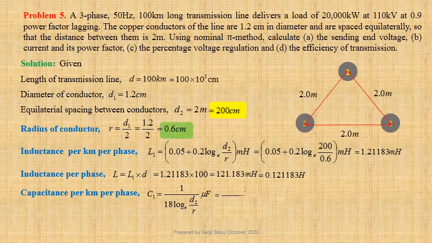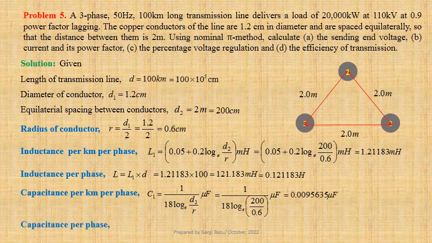Using values we get 1 upon 18 into log of 200 upon 0.6 microfarad, that is equal to 0.0095635 microfarad. Let us now calculate capacitance per phase.